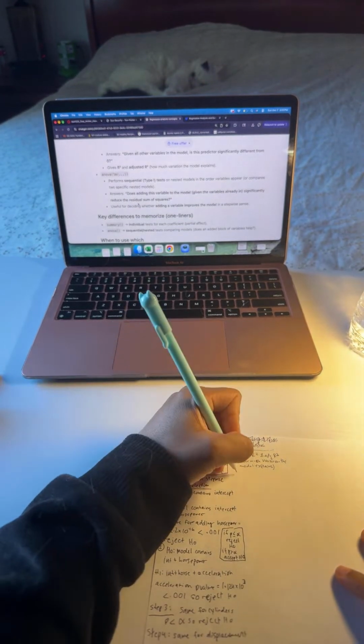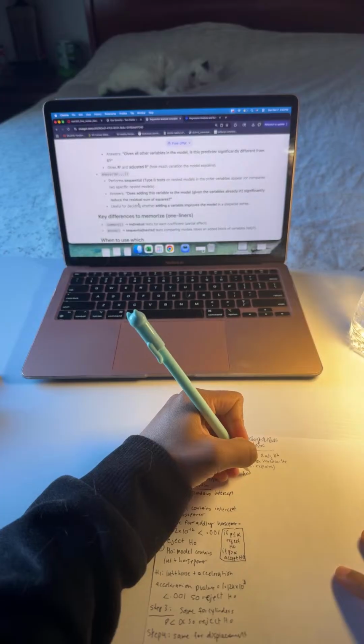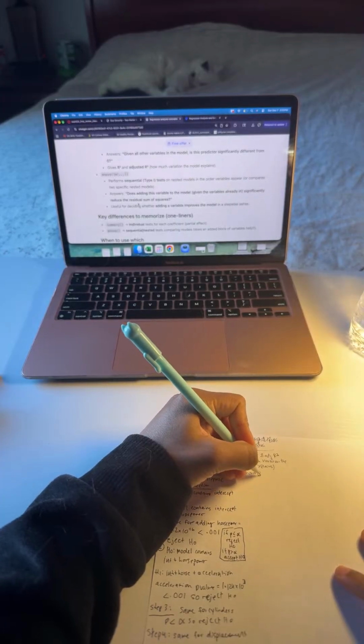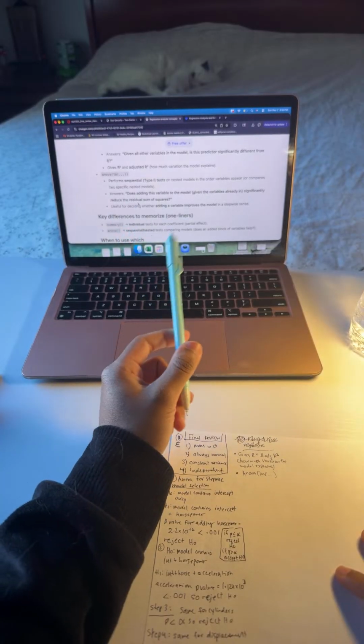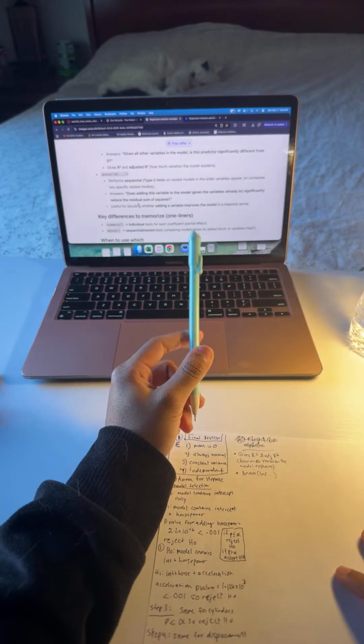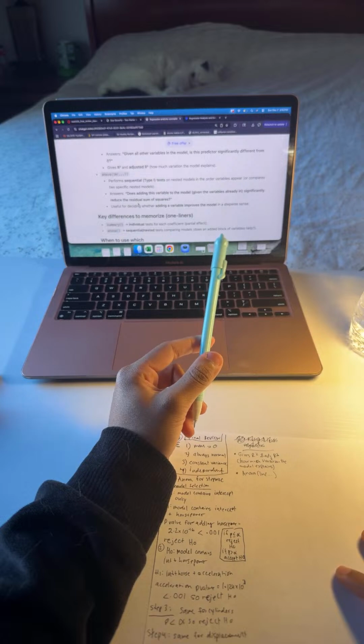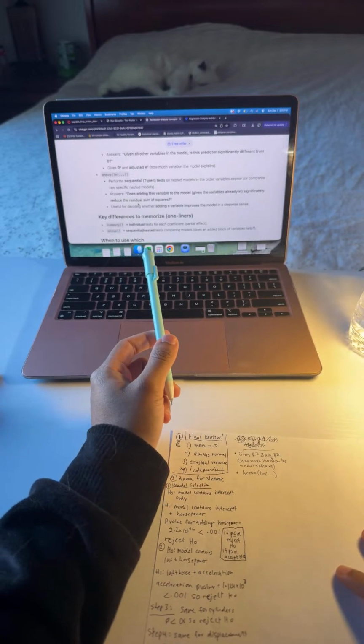And then ANOVA performs sequential type 1 tests on nested models in the order variables appear, or compares two specific nested models.